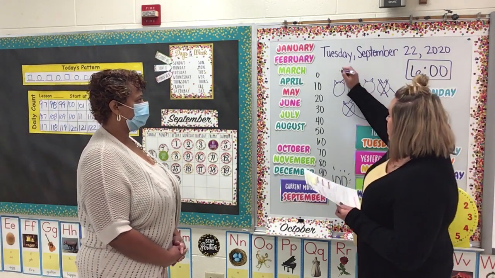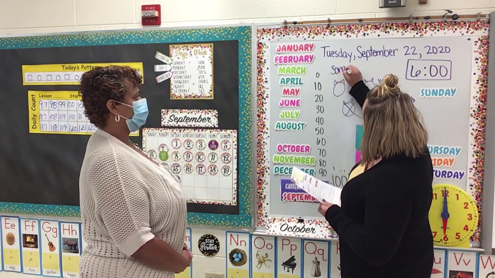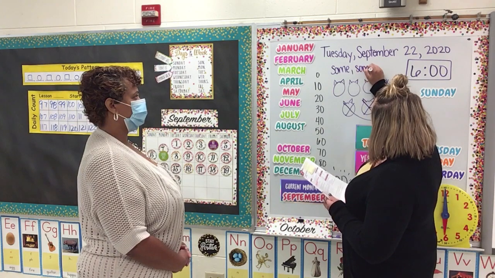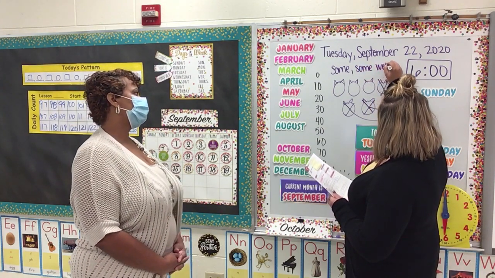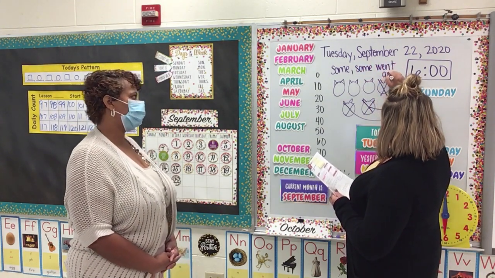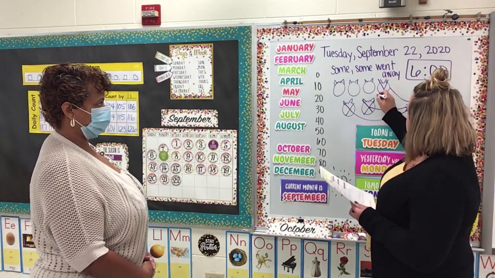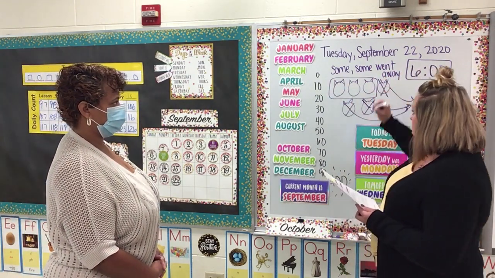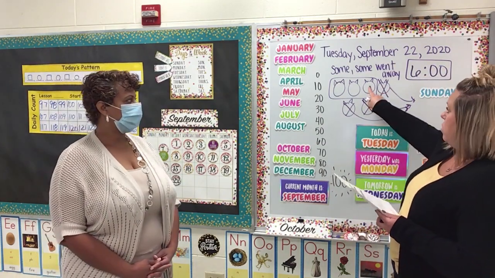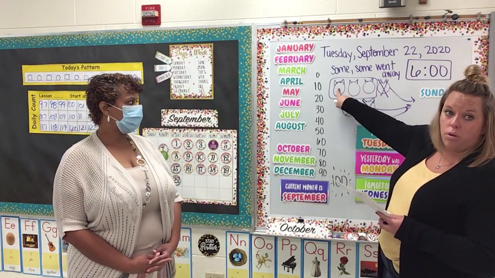Well, this is definitely a some went away. They left, didn't they? They went away. So how many kittens does Jonathan have left? That's this part right here. How many are left? 1, 2, 3.